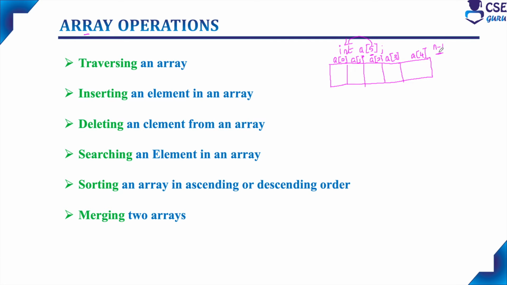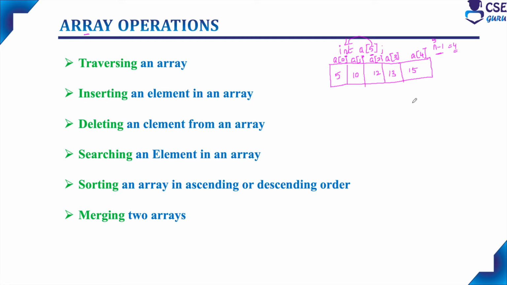Here n is 5, so n minus 1 is 4. So a[0] to a[4], a total of 5 elements, are stored in sequential memory locations of integer data type. Integer data type means only whole number values are stored. So this is an example of an array.